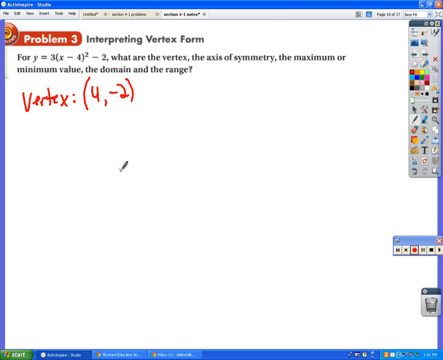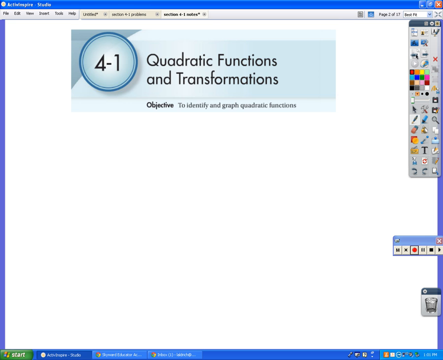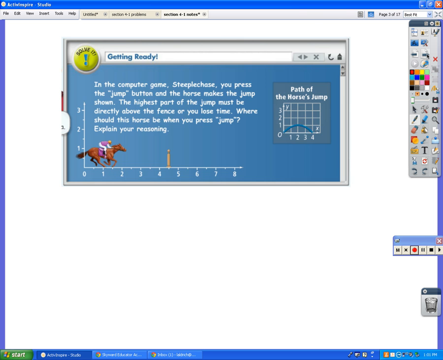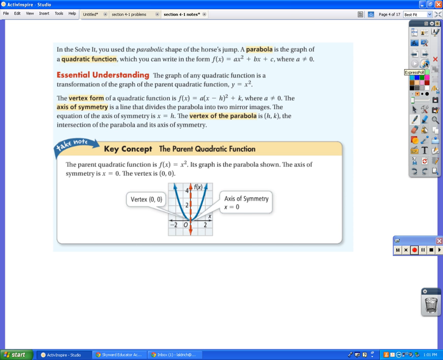All right, then the axis of symmetry is that imaginary line that goes right through the middle of the parabola, right? Since it goes straight up and down, it's going to have an equation of x equals a number.